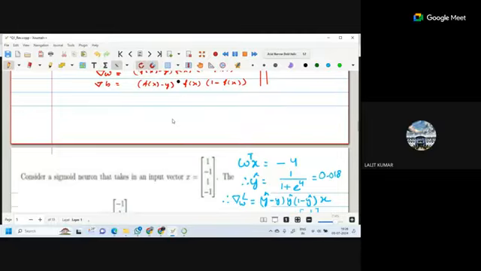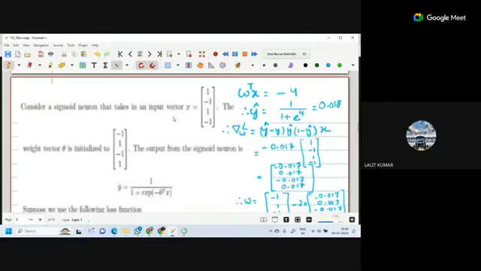Now let's consider another question. Again, consider a sigmoid neuron that takes an input vector x: 1, minus 1, 1, minus 1. Weight vector theta is initialized to minus 1, 1, minus 1, 1. The output from the sigmoid neuron is y hat.